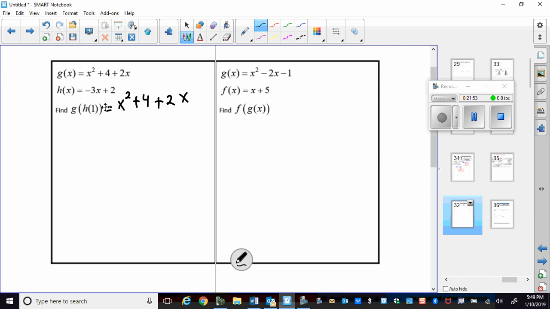And then it's asking me to insert negative 3x plus 2 into these x values, right? And then it's asking me to evaluate it where x equals 1.